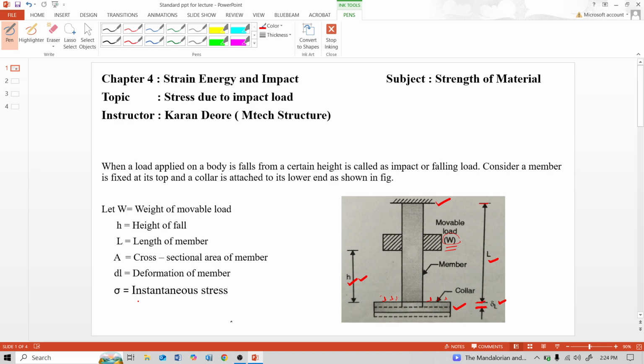Our first step of this derivation is the work done by the external movable load. What is the work done by the external movable load? It is load into deformation.